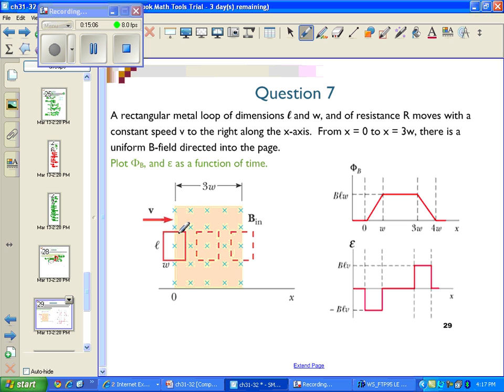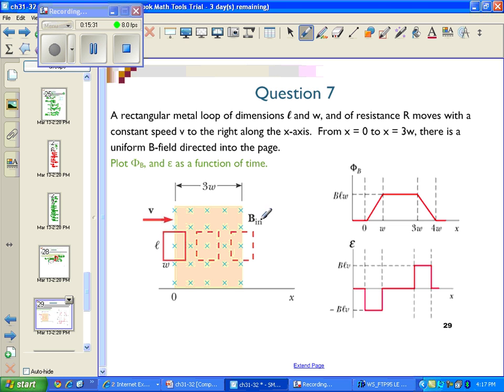Here we see that there is a rectangular metal loop of dimensions L, W, and there is a region where there is a magnetic field that is about 3 W's wide. So in other words, if you took 3 times the width of this loop, this is the region where there is this magnetic field.